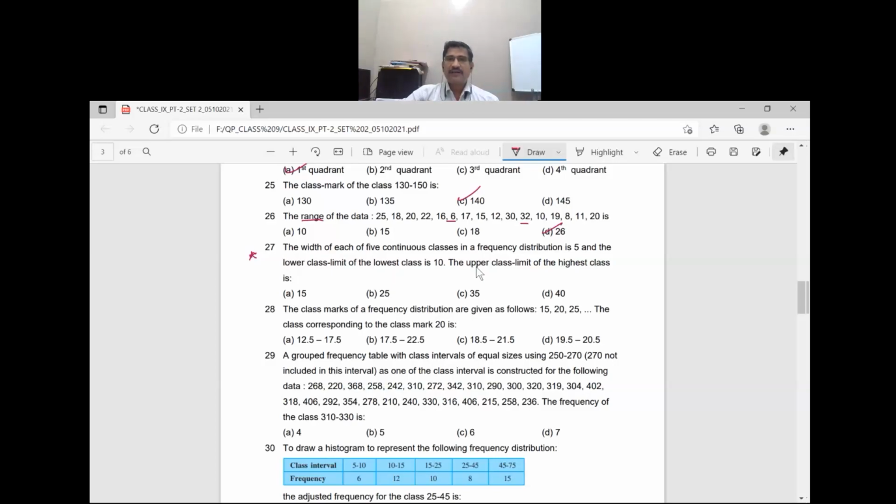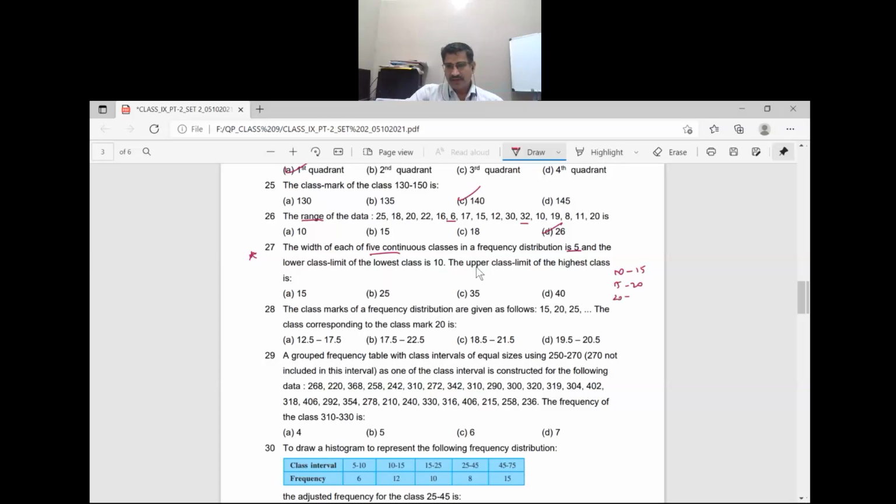The width of each of 5 continuous class intervals in a frequency distribution is 5. That means the class sizes are the same. Width or class size, both are the same. So there are 5 continuous class intervals. The lowest of the lower class limits starts from 10. So 10 to 15, 15 to 20, 20 to 25, 25 to 30, 30 to 35, because class size is 5.